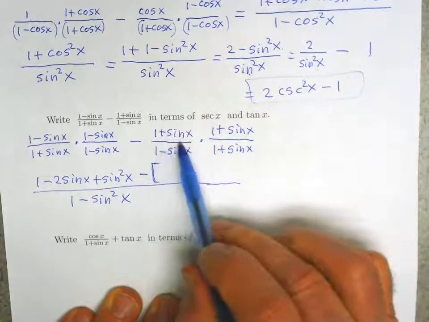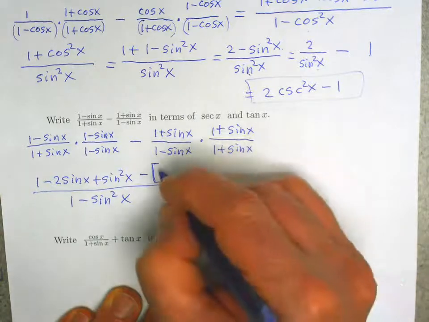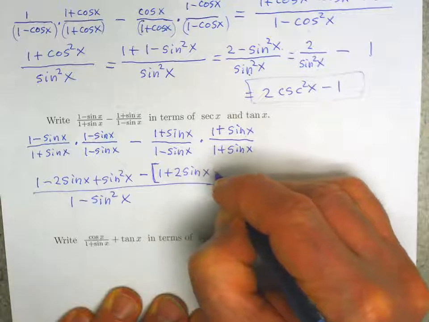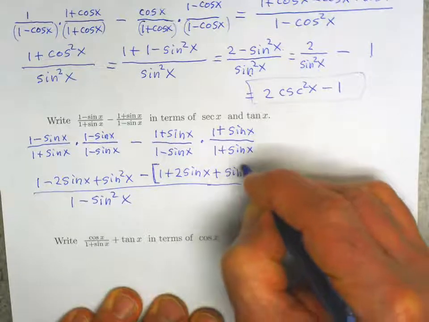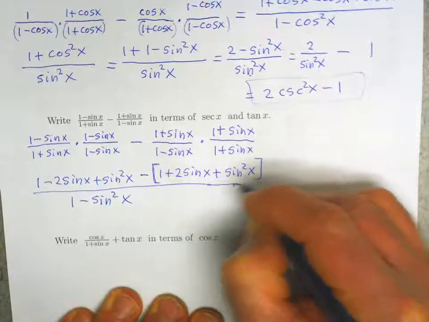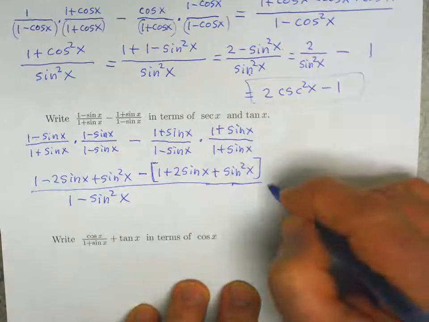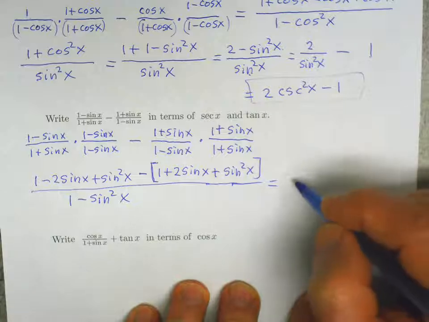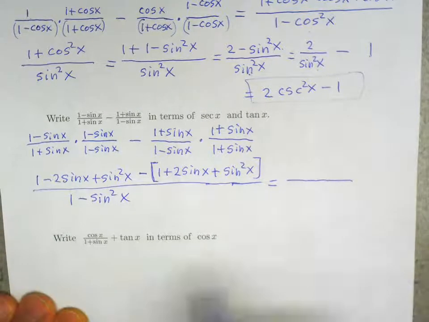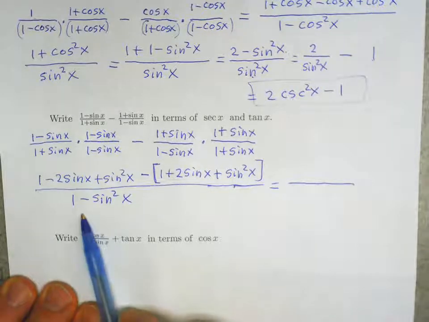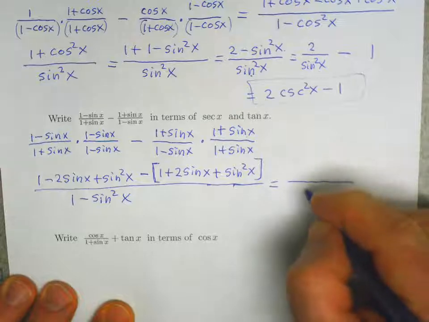So 1 plus sine of x times 1 plus sine of x is 1 plus 2 times sine of x plus sine of x squared. Okay, so in the denominator, I'm going to replace that with cosine of x squared, since 1 minus sine of x squared is cosine of x squared.